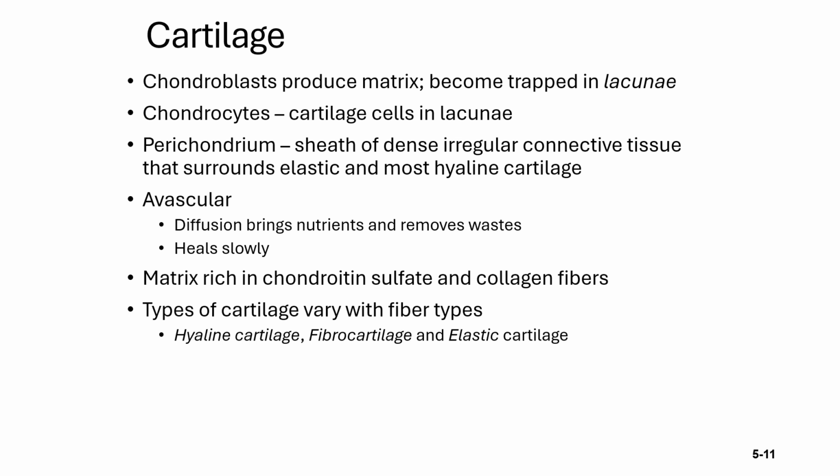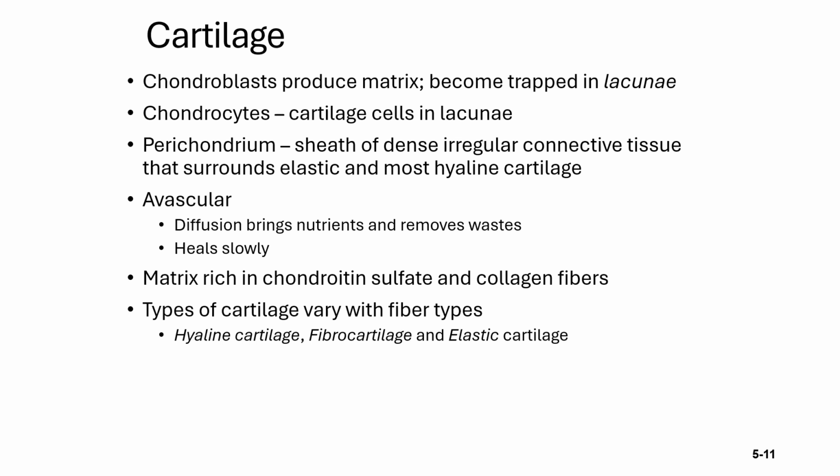Cartilage is avascular, which means there is no blood supply, and hence if there is an injury to cartilage, it heals very slowly. Cartilage is rich in GAGs, glycosaminoglycans, and also has plenty of collagen fibers.